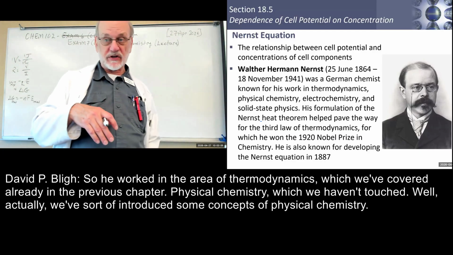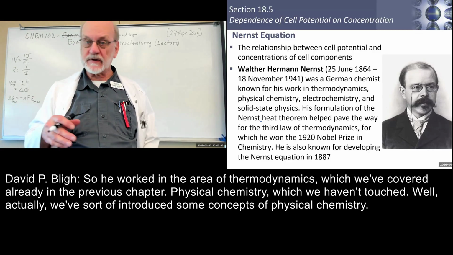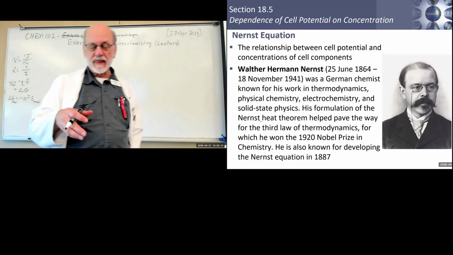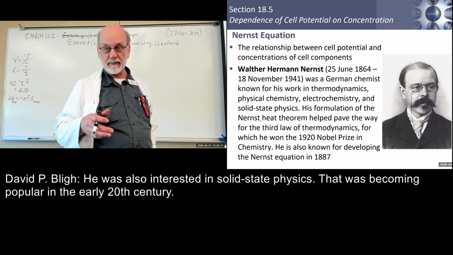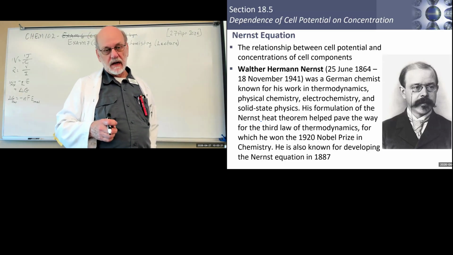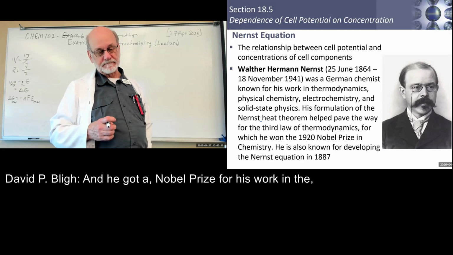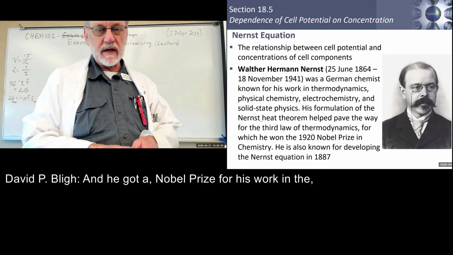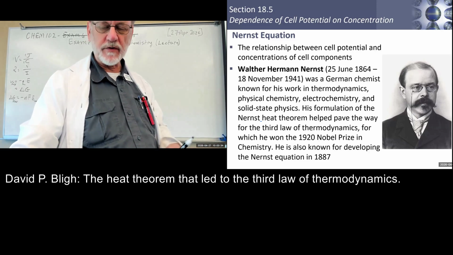Physical chemistry, which we haven't touched. Well, actually, we've sort of introduced some concepts of physical chemistry. We're doing electrochemistry now. He was also interested in solid state physics. That was becoming popular in the early 20th century. And he got a Nobel Prize for his work in the heat theorem that led to the third law of thermodynamics.